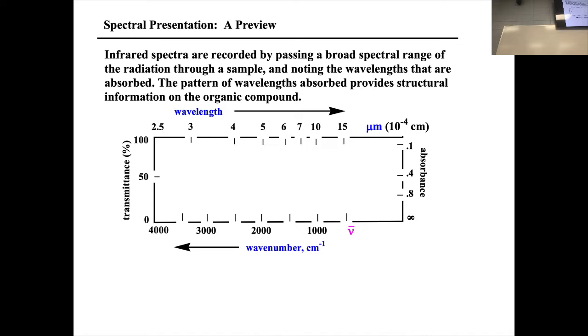Now, we also have this thing on the x-axis called wave number. It's energy, okay? You all learned about frequency, you learned about wavelength, but for whatever reason back in the day, chemists decided to use this thing called wave number. Notice what the units are for wave number. It's reciprocal centimeters. So you take 1 and you divide it by the wavelength, and that's the wave number.